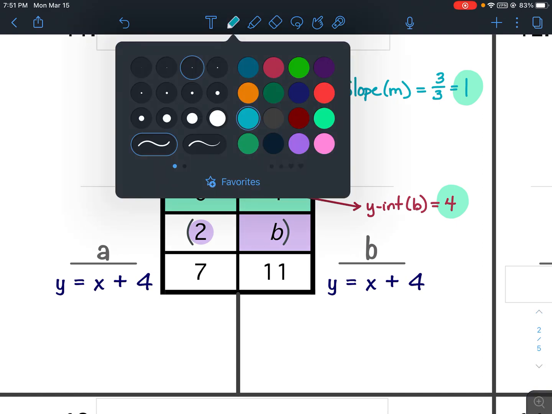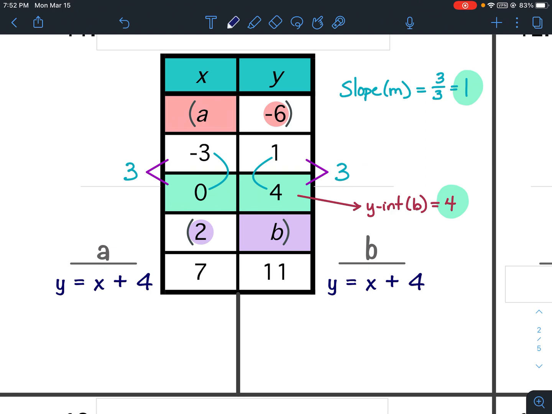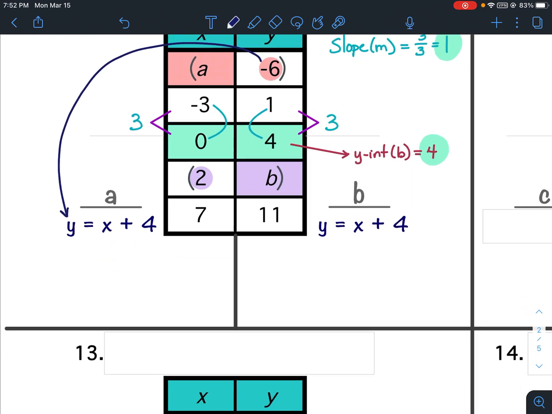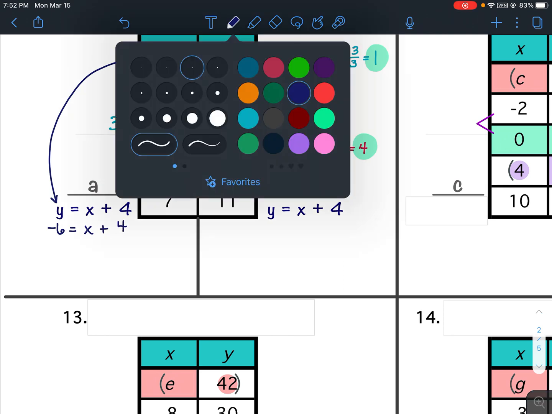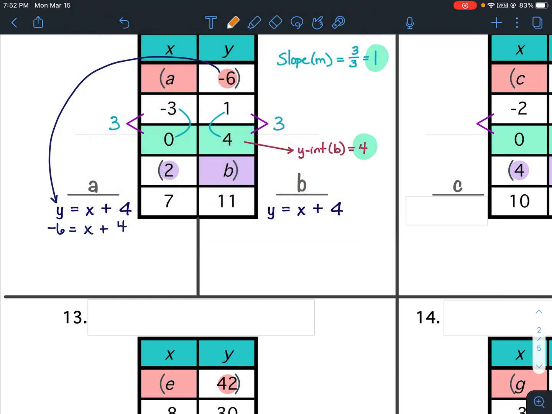Okay. For A, this is what I know. A is the x-coordinate. Its corresponding y-coordinate is negative 6. So I'm going to take that negative 6, and I'm going to plug it in for the y. So I'm going to have negative 6 equals x plus 4. Because the coefficient of x is a positive 1, that makes this one step.